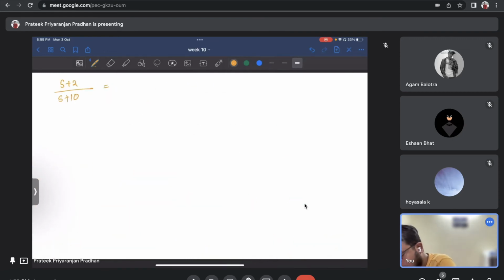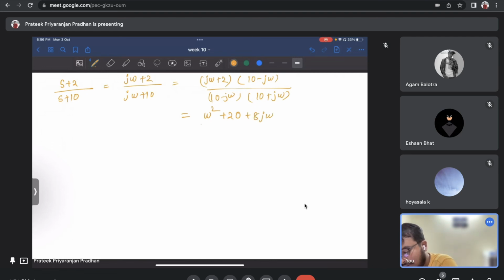Simply, j omega plus 2 divided by j omega plus 10, which is equal to j omega plus 2 whole into 10 minus j omega divided by 10 minus j omega into 10 plus j omega, which is equal to the numerator omega square plus 20 and 10 minus 2 plus 8 j omega whole divided by 100 plus omega square.